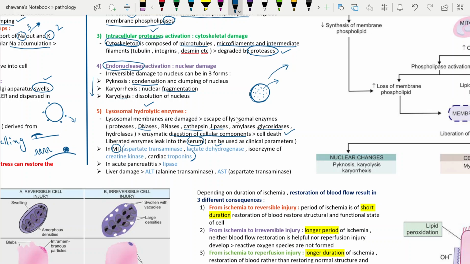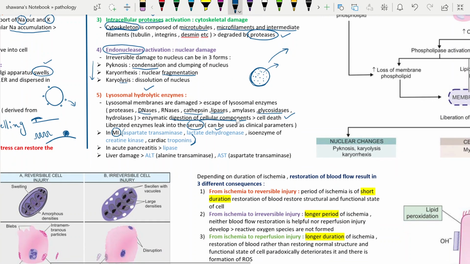If these enzymes are seen in the serum, we would suspect a myocardial infarction. The second is acute pancreatitis, where we see lipase in the serum, and in case of liver damage, we see alanine transaminase and aspartate transaminase. We see them in the serum, and we can suspect what kind of disease has happened to the body.